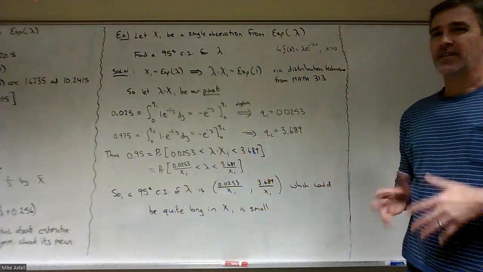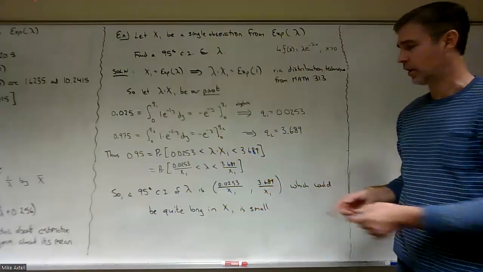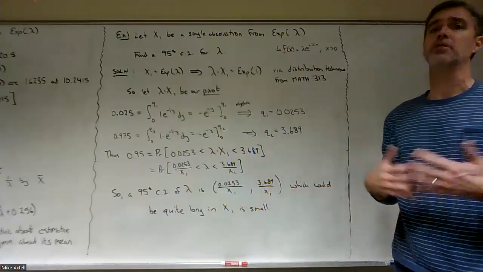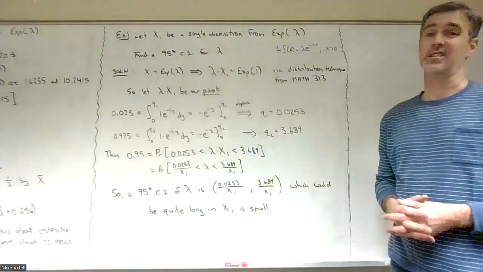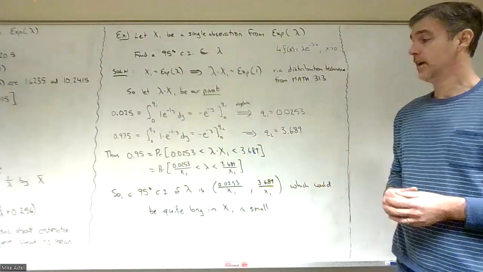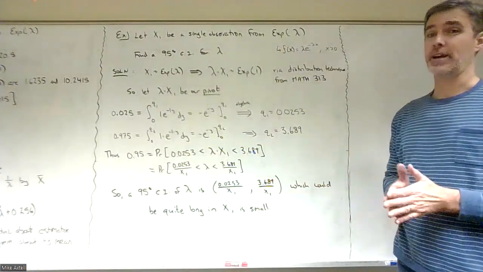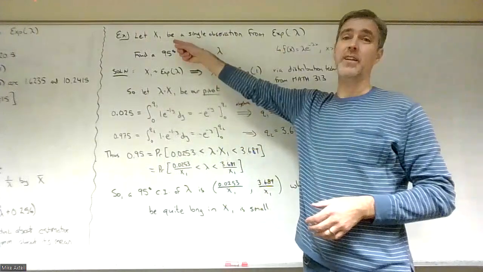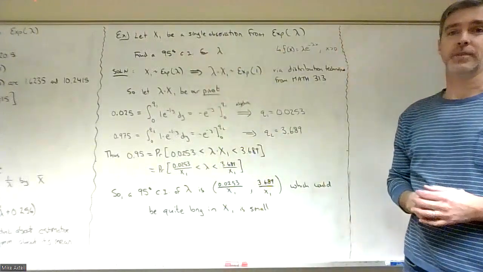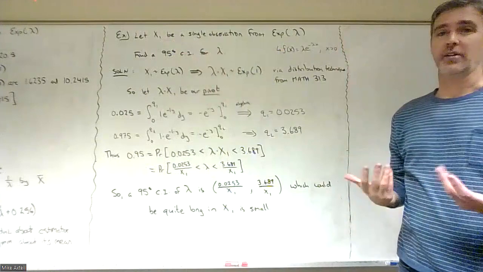And if you note, if I happen to grab a small value of x1, this confidence interval could be pretty darn long or large, right? Which isn't ideal, but that's the way it goes. It should not be a surprise that we might get a really large and unhelpful confidence interval because we only have one data value to base all this on. Not much data, you get crappy results.